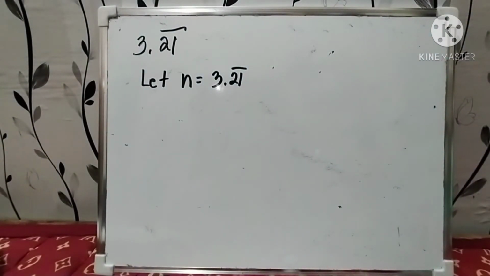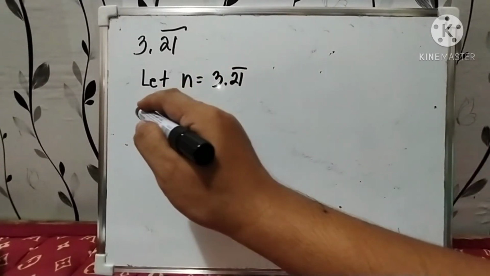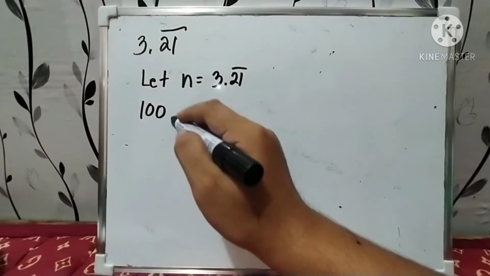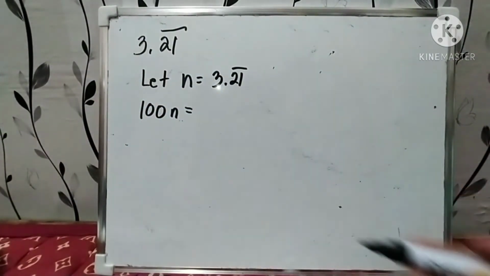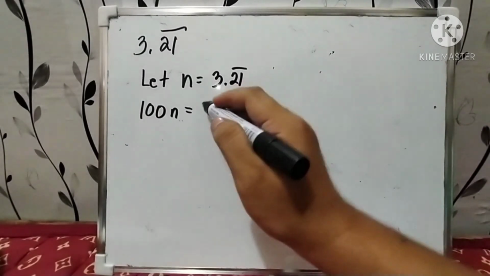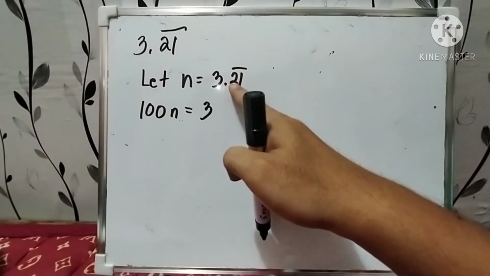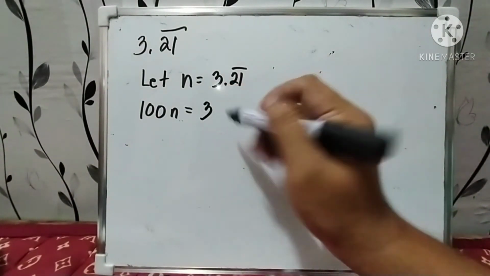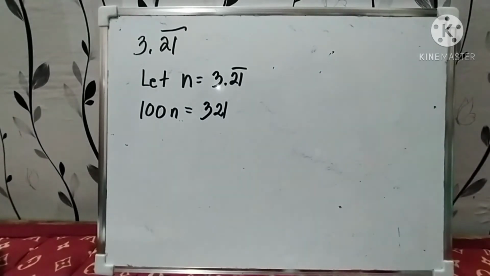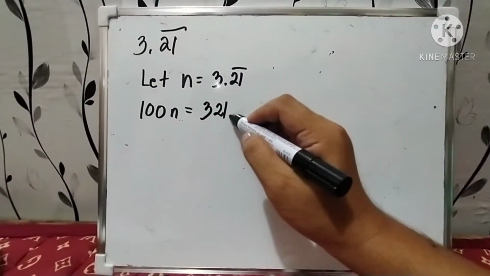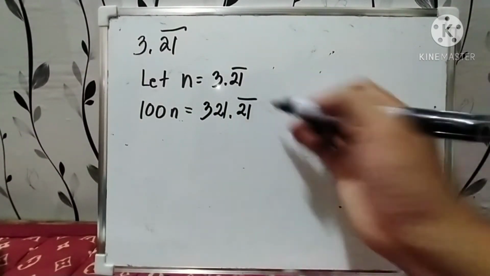Then, let us have the repeating decimal is 21, so power of 10. So, 100 siya. 100n is equal to, ayan, 3. Tapos, kunin natin yung dalawang nauulit na digits. Ayan, point. Tapos, yung 21 doon na may vinculum.